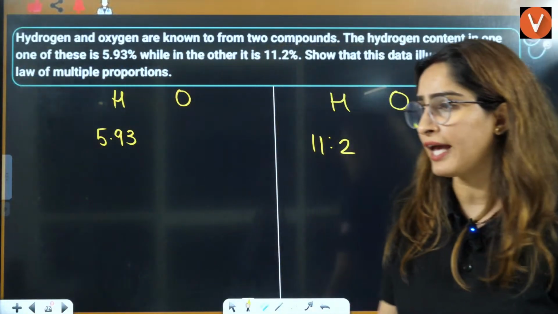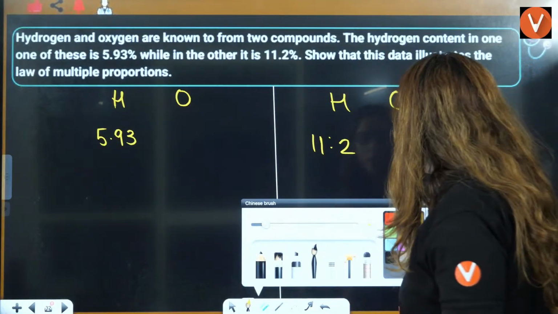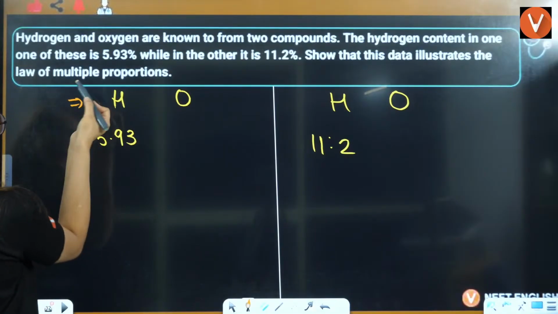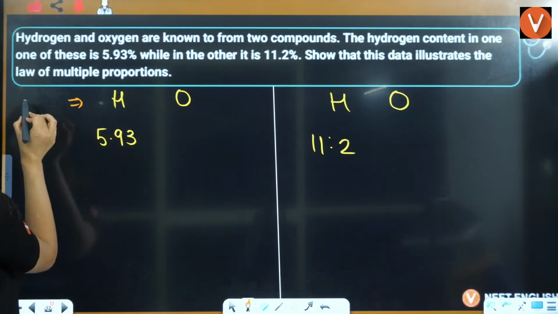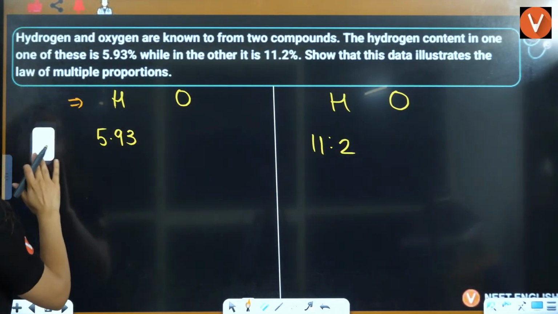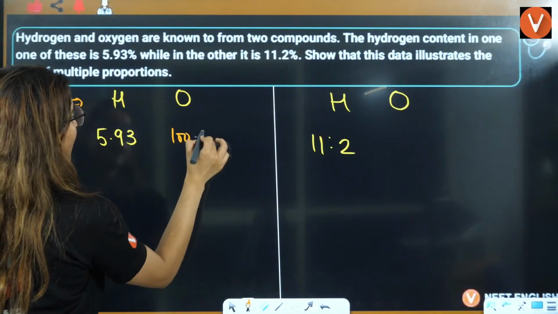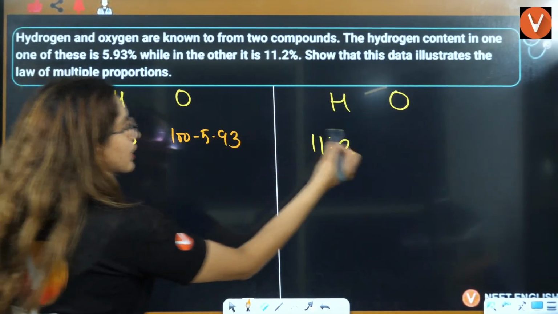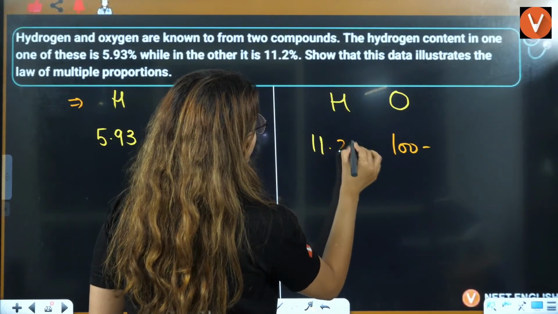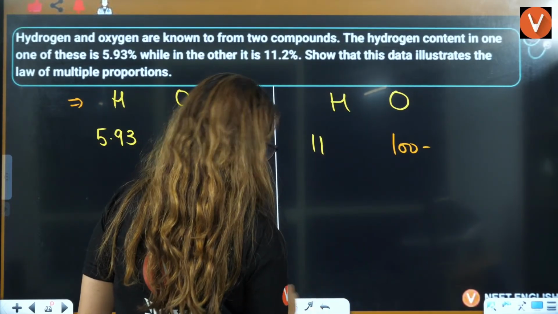Is it a big deal? Everybody tell me, is it a big deal? Total we have taken, I don't know what this oxide is, but I am taking the total as 100. So oxygen will be 100 minus 5.93. Here oxygen will be 100 minus 11.2.